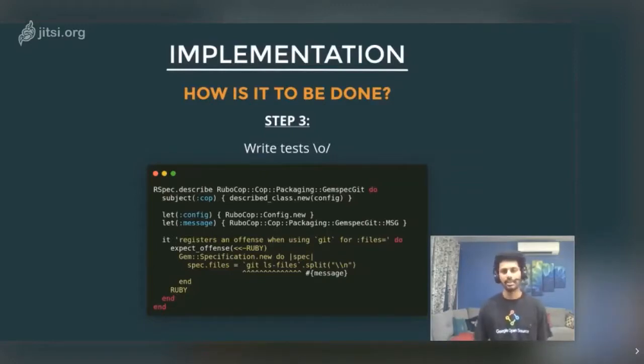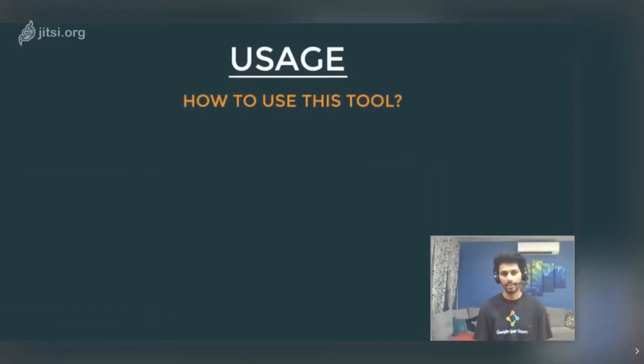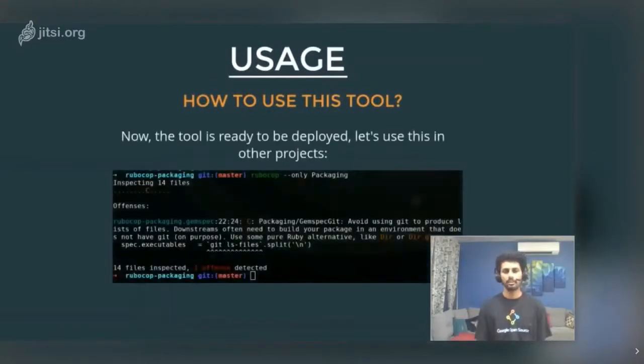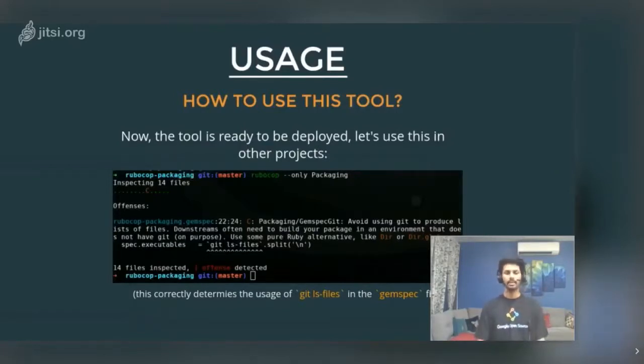And once we integrate all these 3 steps together, we've got our basic skeleton ready, right? So essentially, we run the Rubocop binary, passing the name of the extension as the parameter for the --only flag.